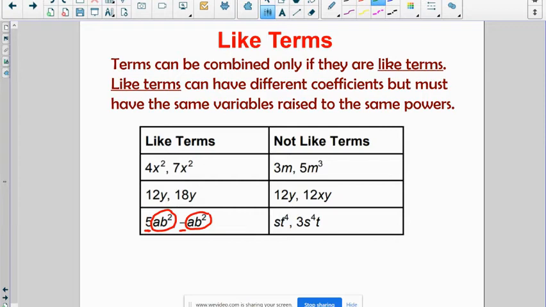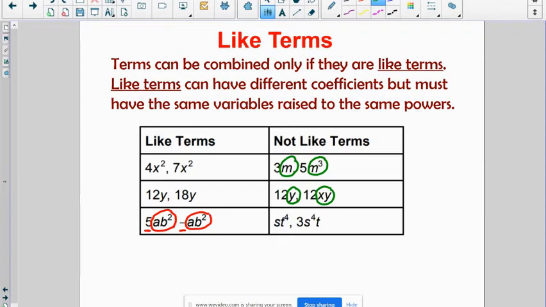If we look at the not like term side and compare the variables and the exponents and talk about why are these not like terms? Well, the first one has m to the first power, and the second term has m to the third power. They're not raised to the same power, therefore they're not like terms. In the second row, we have the variable y in the first term, and we have xy in the second term.